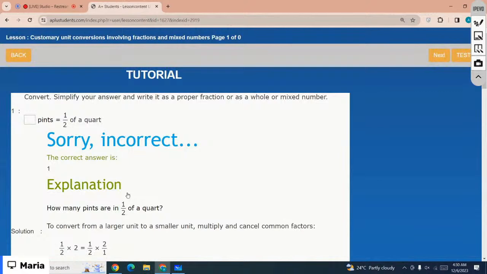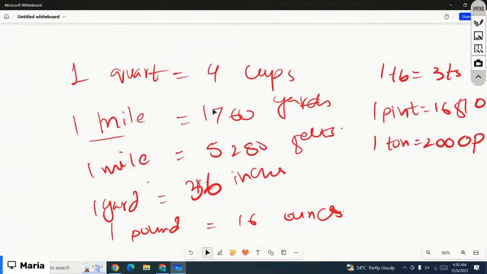Okay, you have to convert. How many pints equal half of a quart, right?